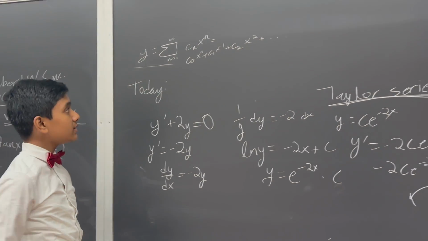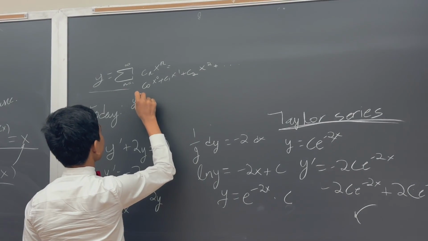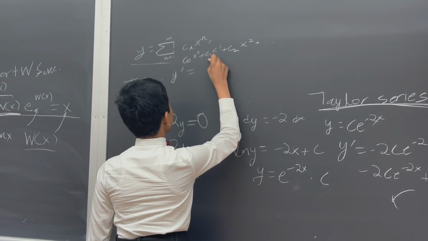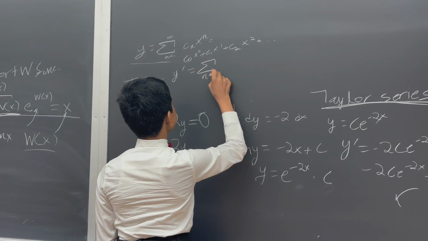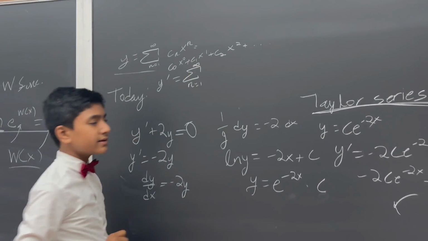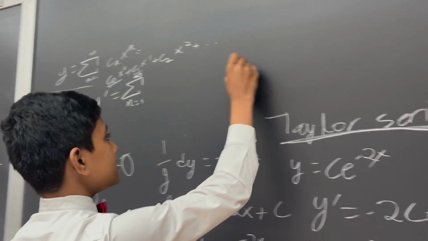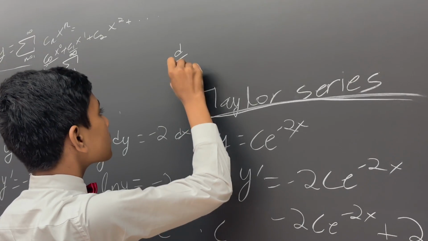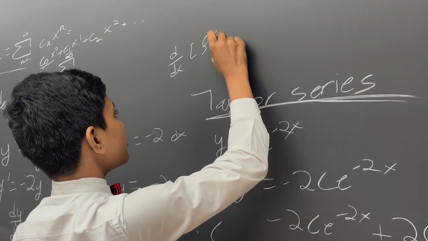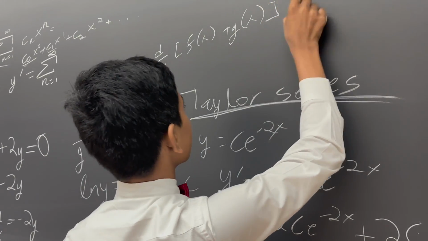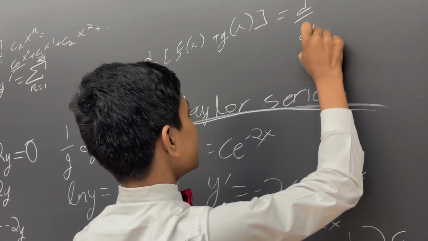Now, what happens if we take y prime? Well, it should be pretty easy to tell from the sigma notation. All we have to do is take the derivative of every single term, since the derivative of a sum is equal to the sum of their derivatives individually.